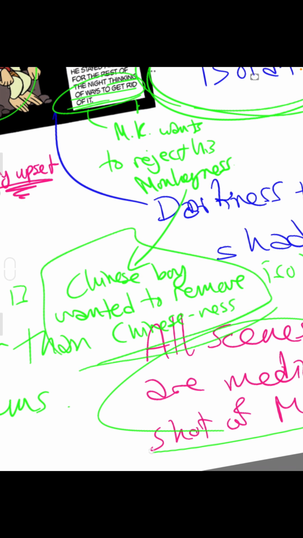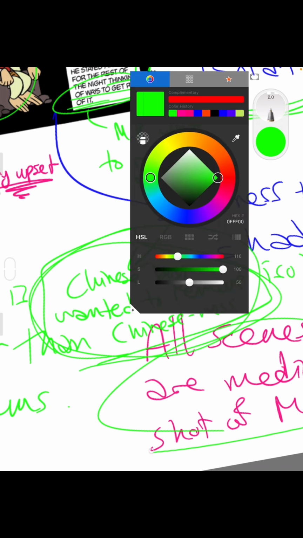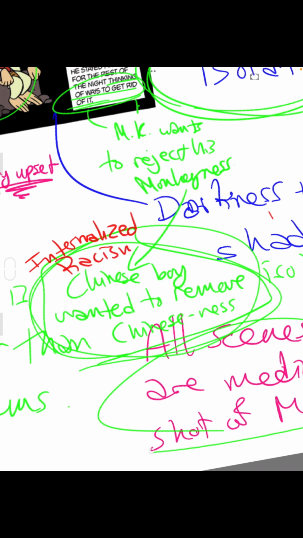But that is the important takeaway here that we want to really lean into, because this is called something. I messed this page up, but this is called internalized racism. Okay, and internalized racism, this is a very important thing for us to focus on.